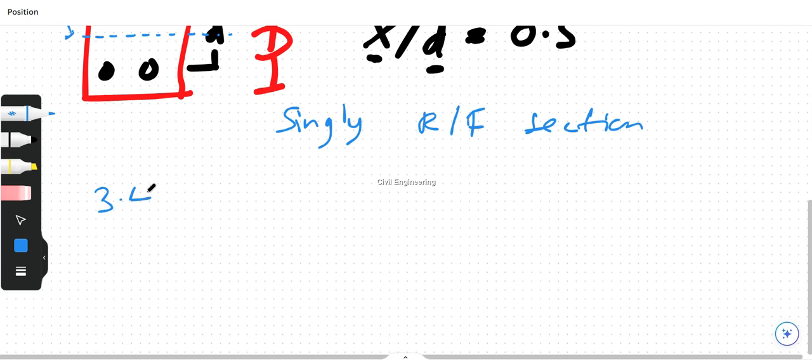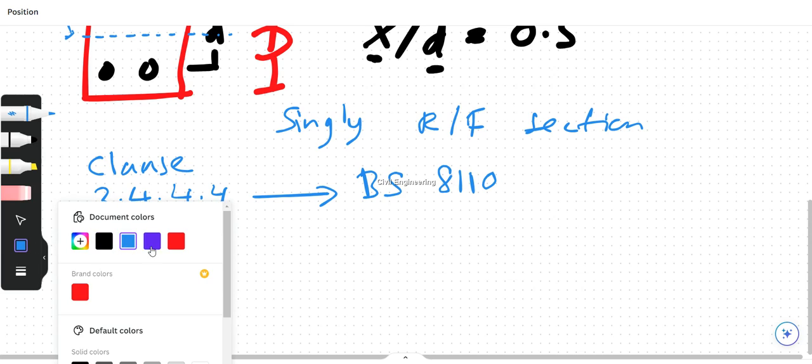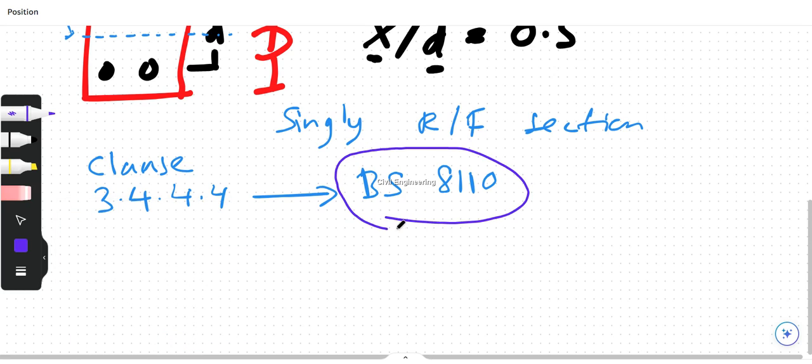This is under clause 3.4.4 in BS 8110. We are designing this one under the BS 8110 code.